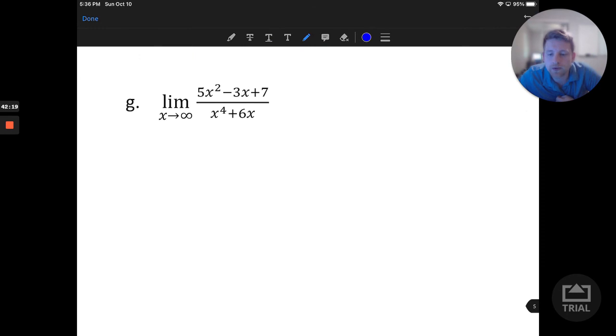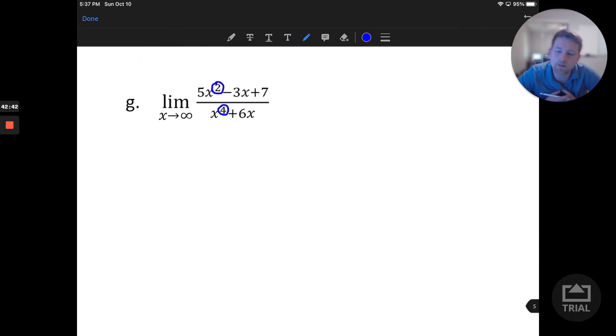And if we consider the polynomials that make up this rational function, we have a quadratic function with a power of 2, and then we have a 4th degree polynomial with a leading degree of 4 here in the denominator. So if we think for just a moment, which one of these is growing faster?